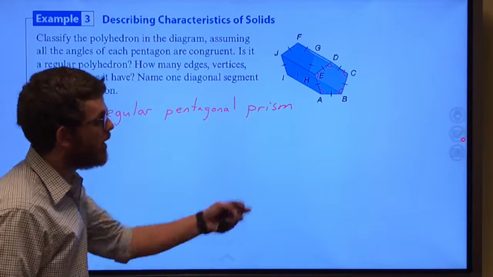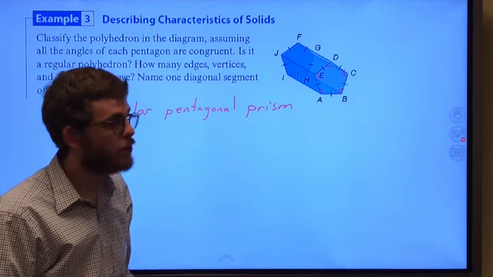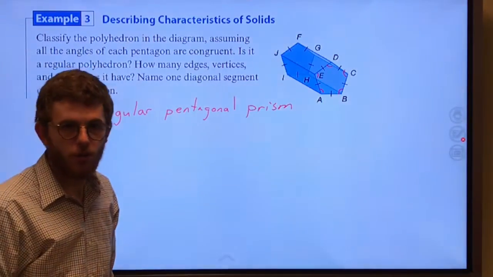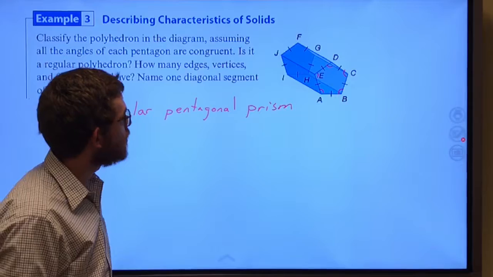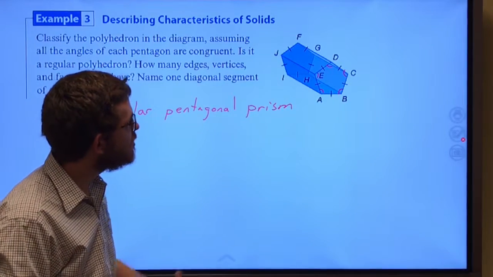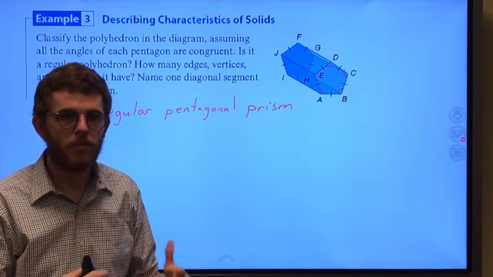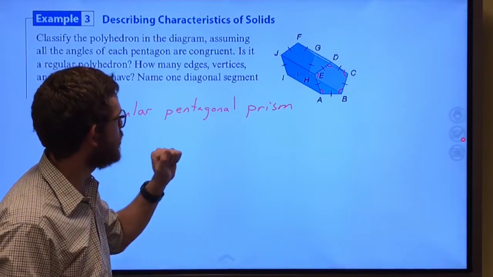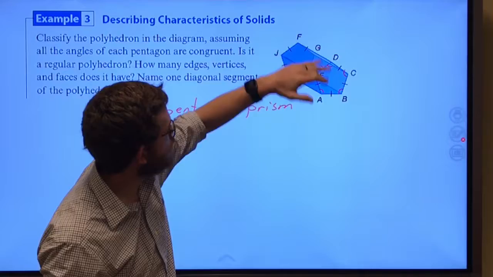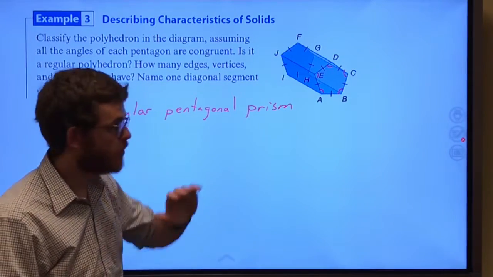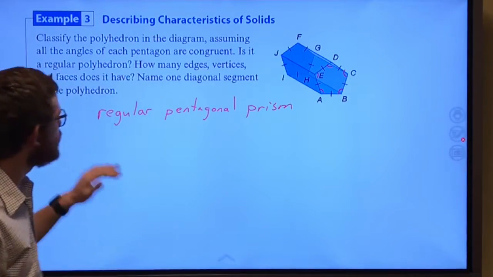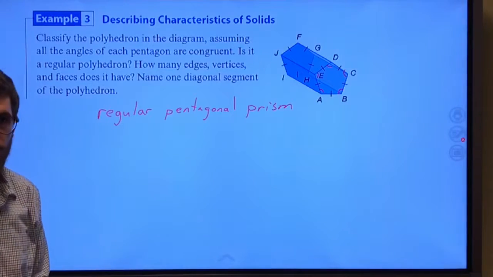It's a prism because we have two congruent bases, and those bases are not just congruent, they're regular. So we can see that we have two regular congruent bases that are pentagons formed by these rectangles connecting them with their lateral faces. So this is a regular pentagonal prism right here.